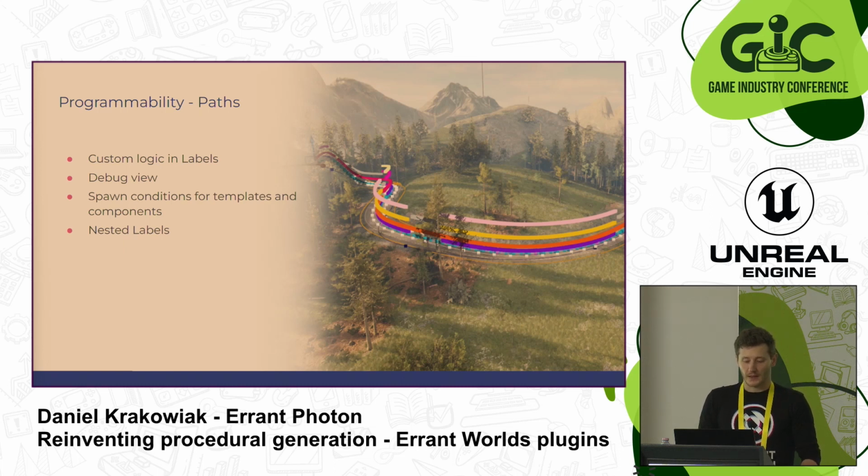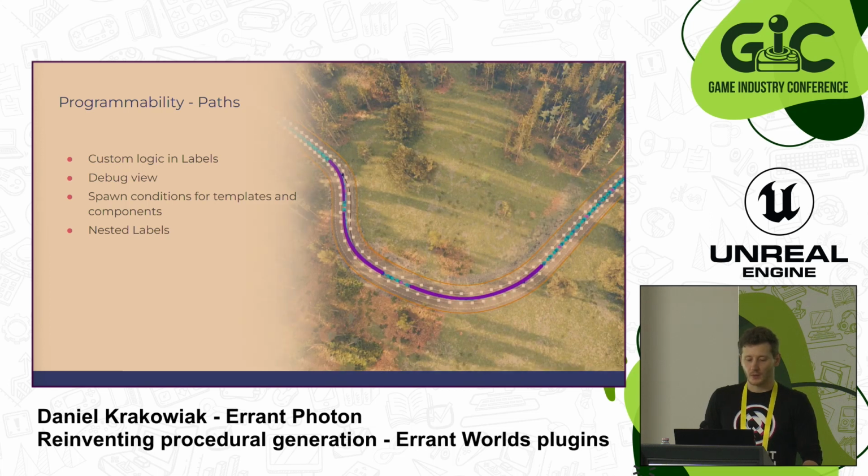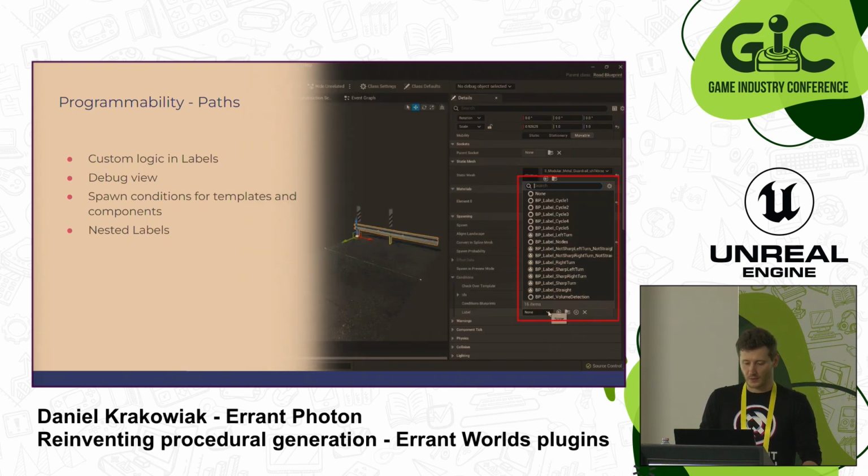And we use these labels to spawn not only specific meshes, like a barrier, but even to pick the whole segment of the road. So it could be a tunnel, or it could be a normal road, or any other kind of road. And here is an example of us picking a label.